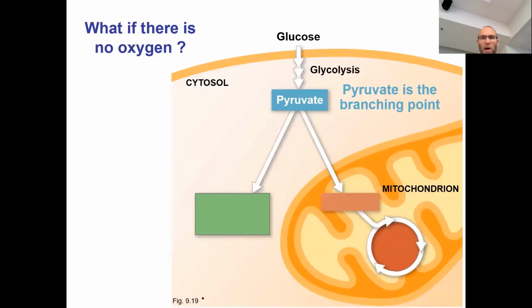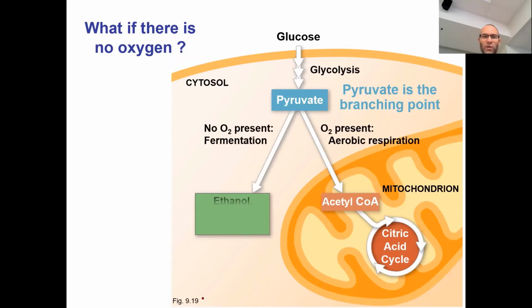Okay, so you can think of pyruvate as a branching point. And if you watch the lab video, I showed you this exact image, and you see pyruvate is produced always. And if there's oxygen, then we can do everything. We can go through pyruvate oxidation, we can do the citric acid cycle, we can do oxidative phosphorylation, and we can make a whole load of ATP.